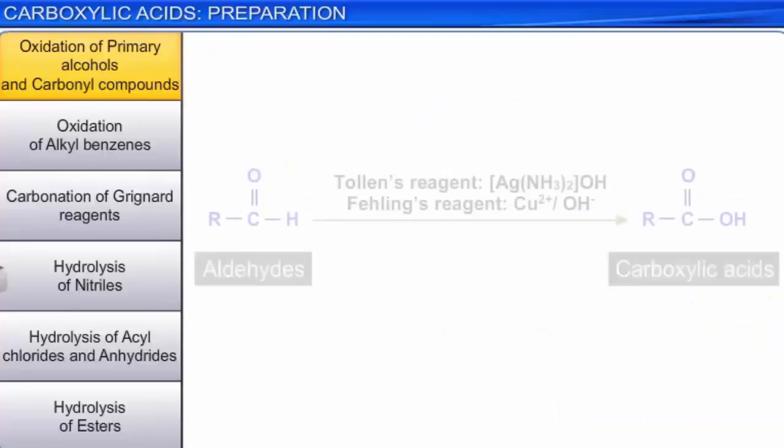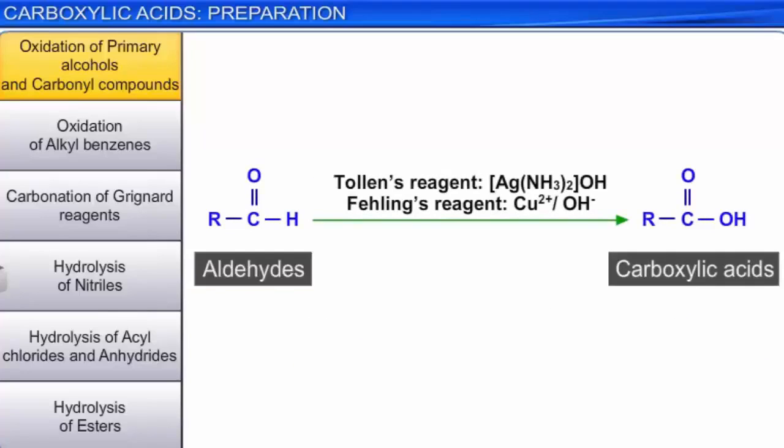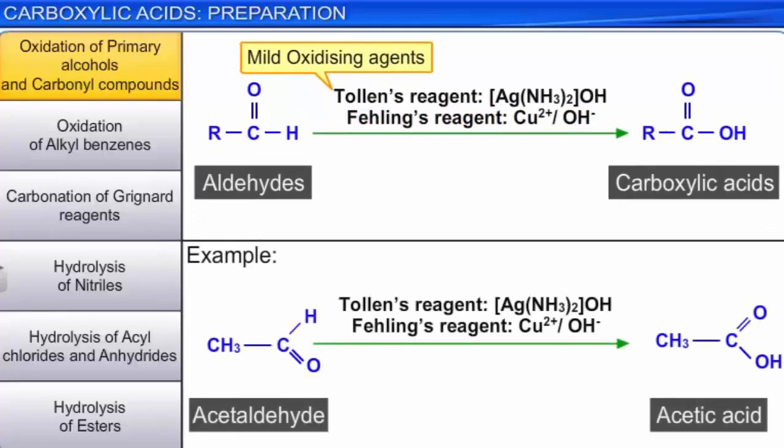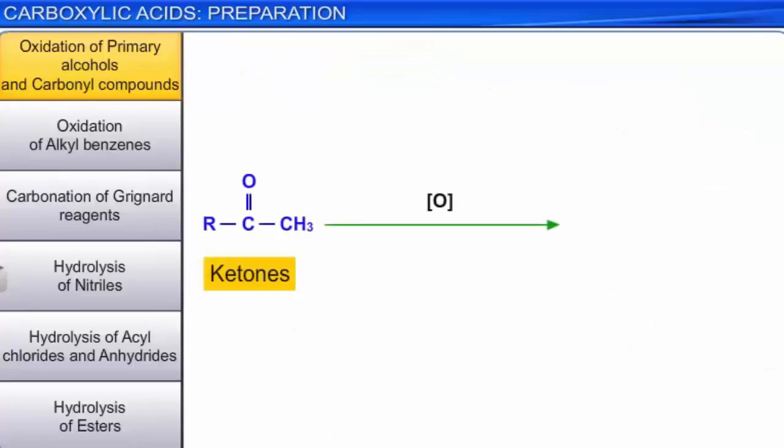Aldehydes can also be oxidized to the corresponding carboxylic acids, even with mild oxidizing agents such as Tollens reagent or Fehling's reagent. For example, acetaldehyde is oxidized to acetic acid in the presence of Tollens or Fehling's reagent. Ketones also give carboxylic acids on oxidation.